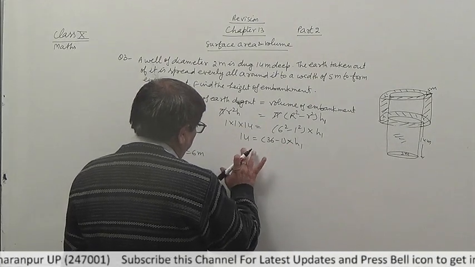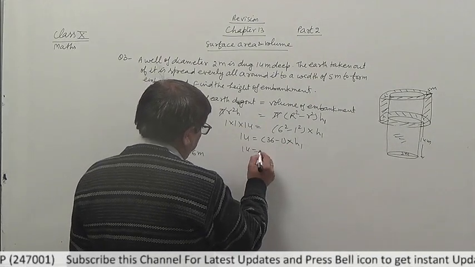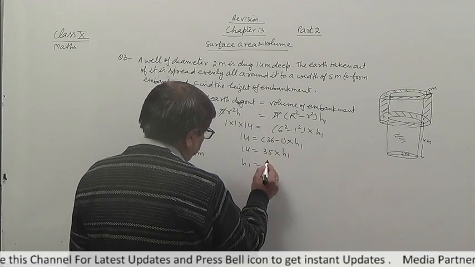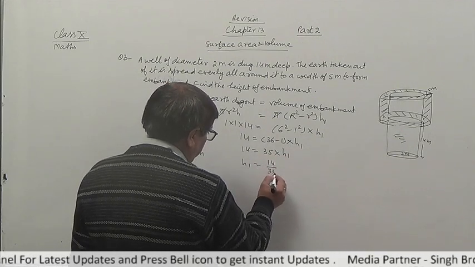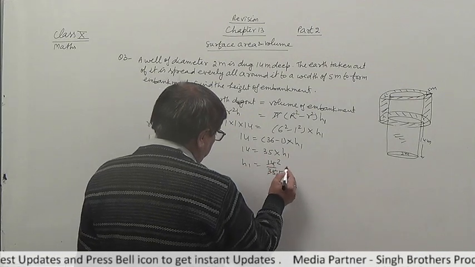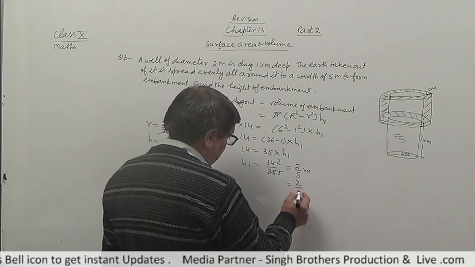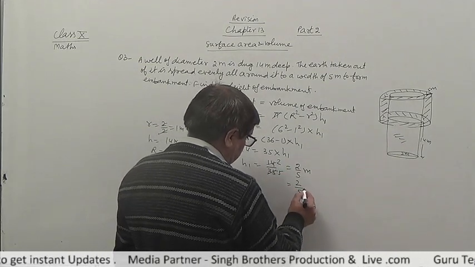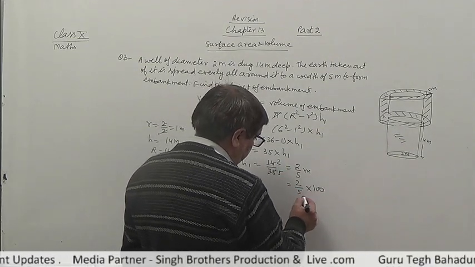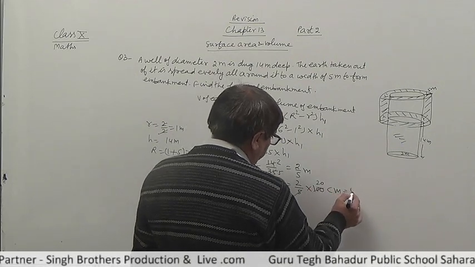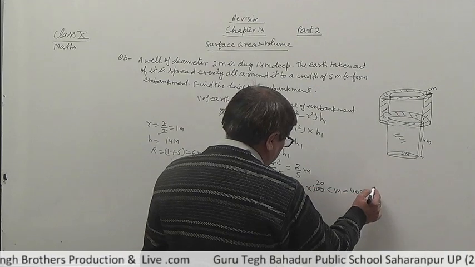So it will be 14 is equal to 35 into H1. H1 is 14 upon 35, that is 2 upon 5 meter, or you can change it in centimeter. 1 meter is equal to 100 centimeter, so it is equal to 40 centimeter.